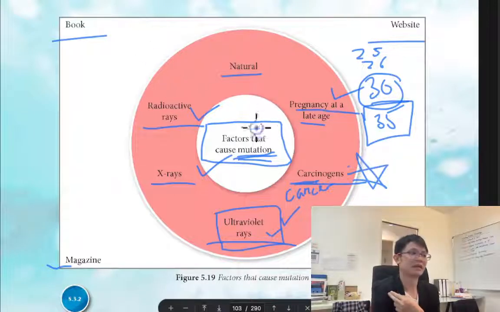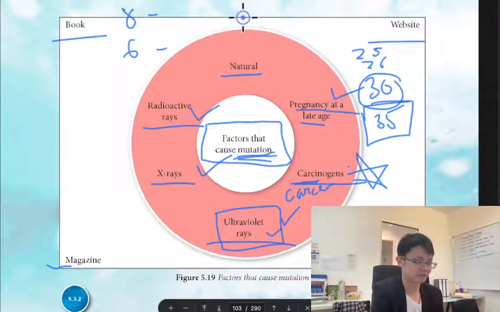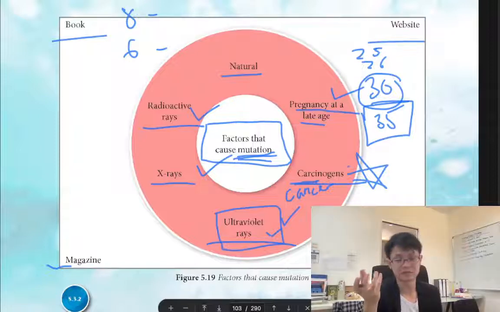Maybe the question is worth 8 or 6 marks, and you need to explain. For carcinogens, maybe the person always smokes and eats unhealthy things, such as benzoic acid in chili. When you go to the market, you see benzoic acid. If I'm not mistaken, that is considered a carcinogen?